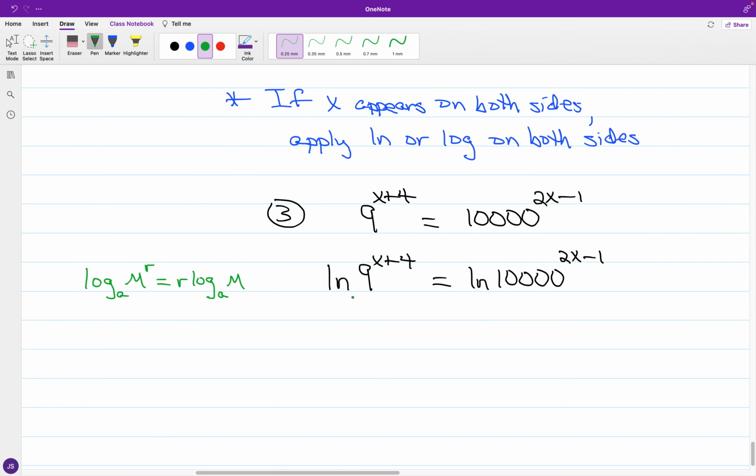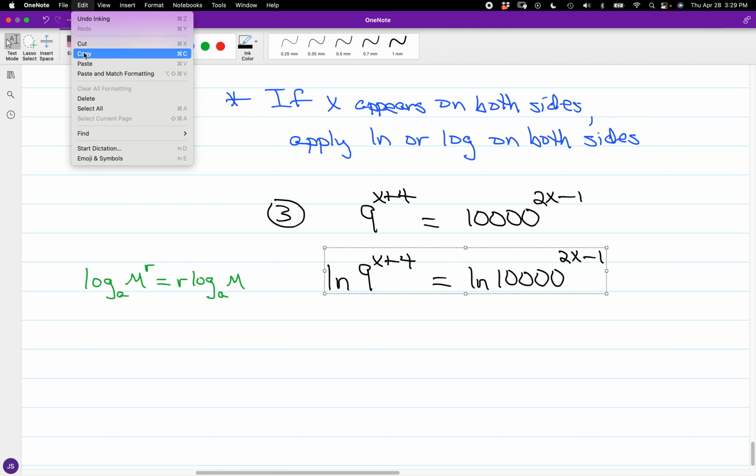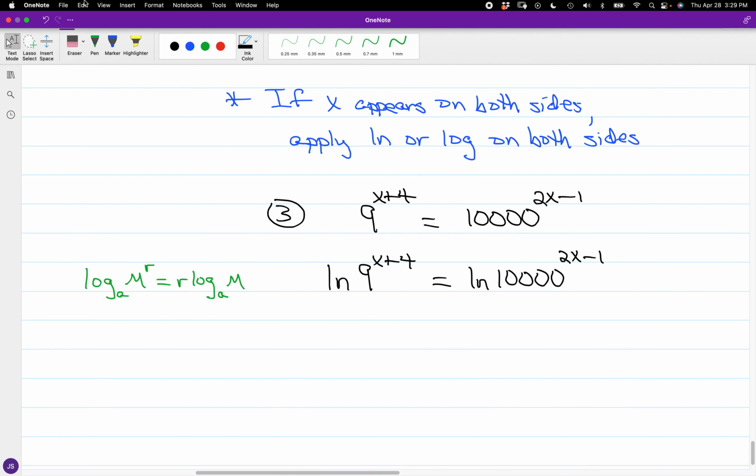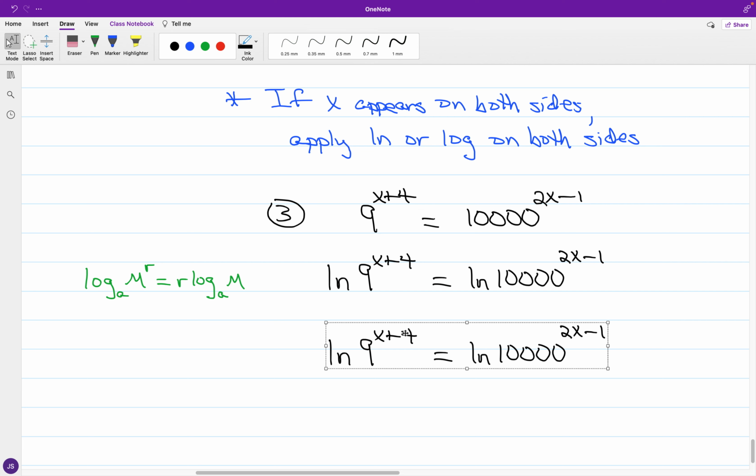So for what I have in this step, I have x plus 4, and I'm going to put this at the front, likewise for 2x minus 1.